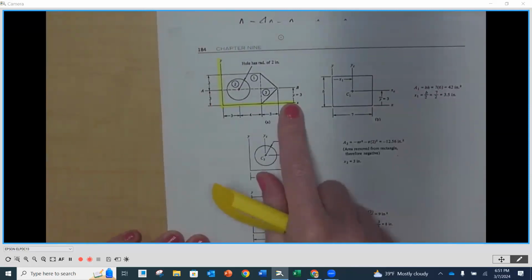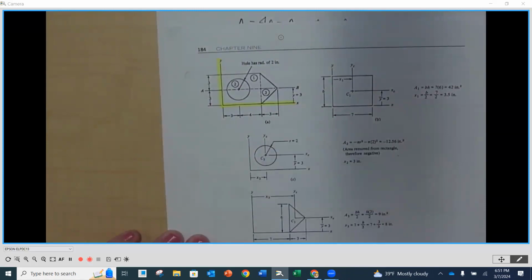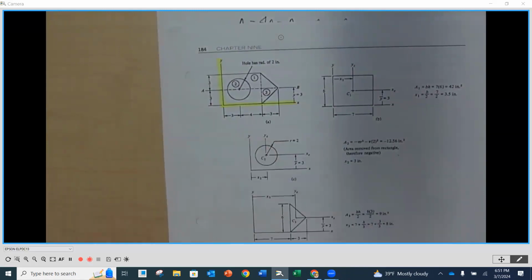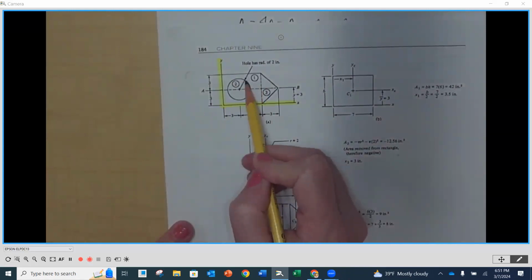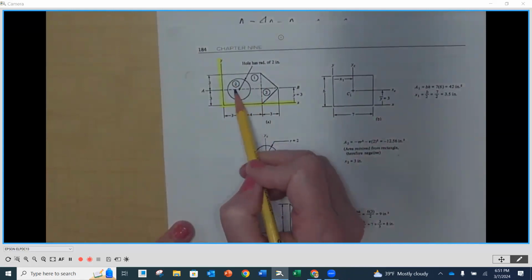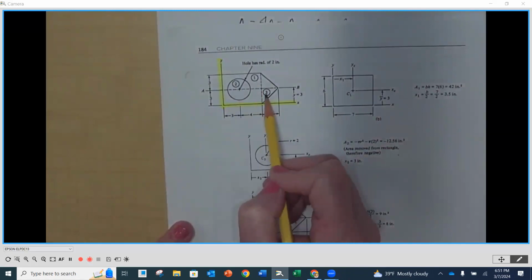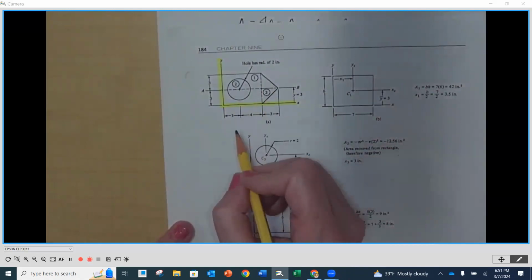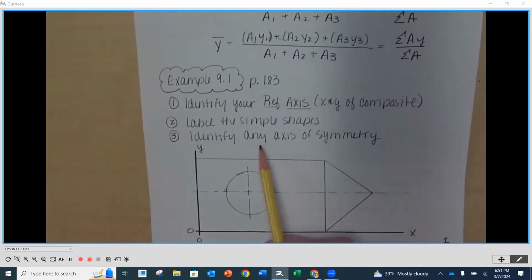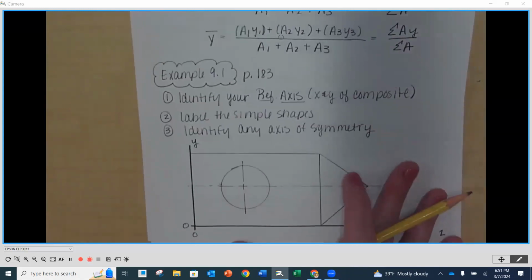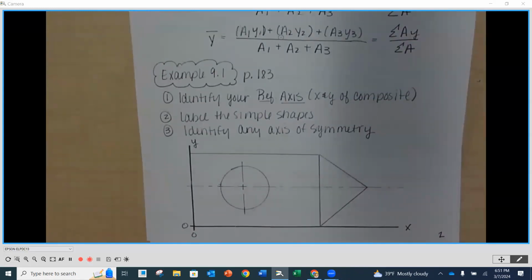Once we have our reference axis identified, then we identify our simple shapes. They've identified the rectangle as shape number 1, the whole circle as shape number 2, and then the triangle on the end here is going to be shape number 3. So that's our first 2 steps here. The next step is to identify any axes of symmetry. Now in this problem, there is one.